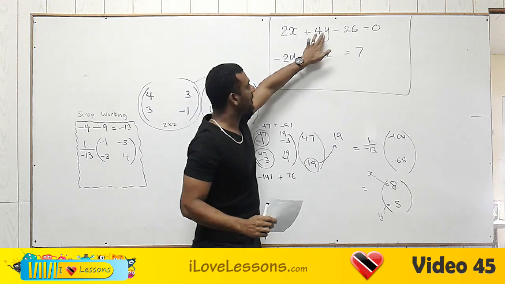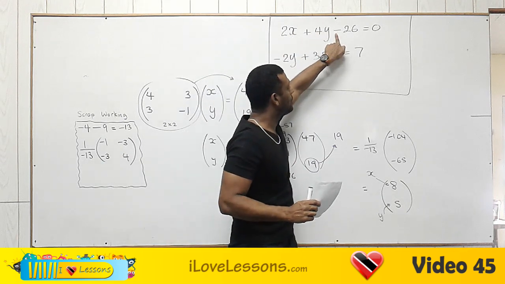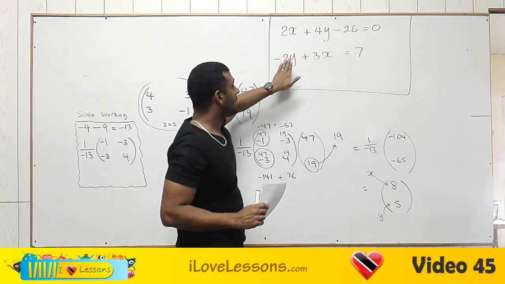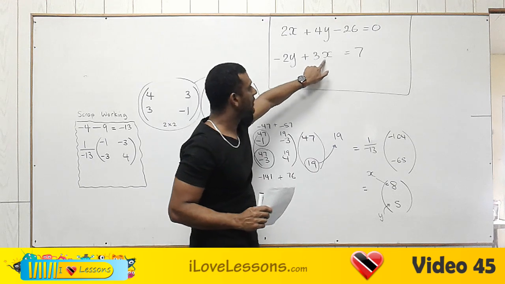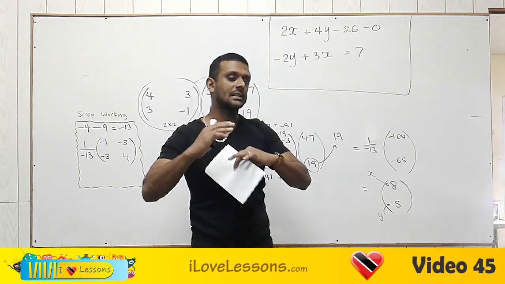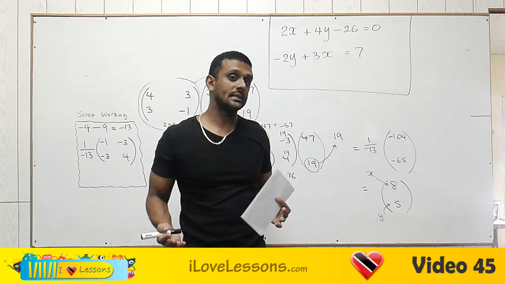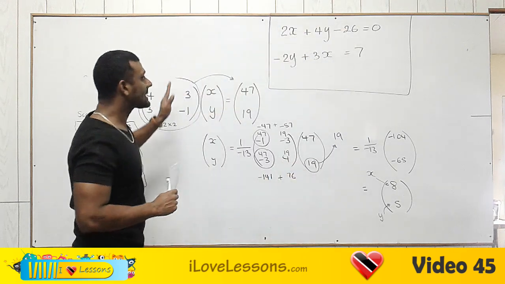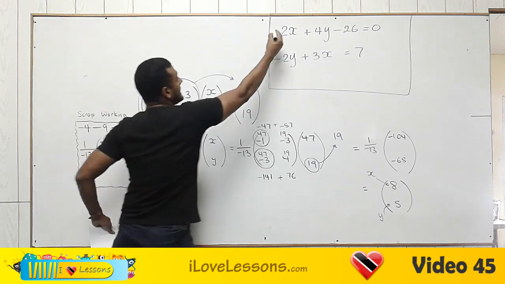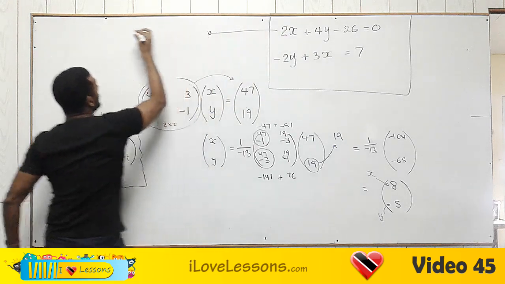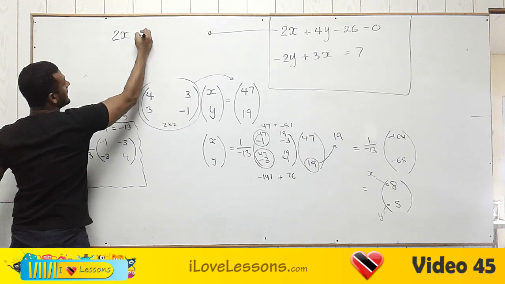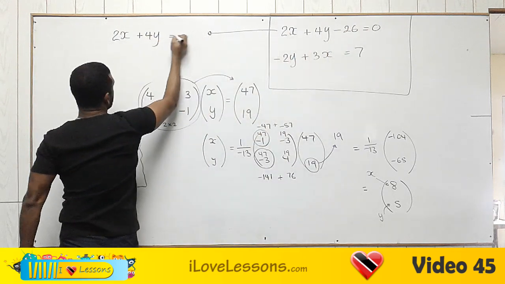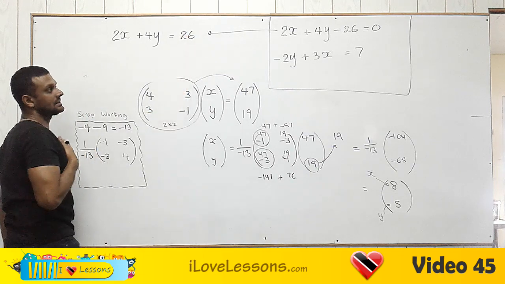The x comes before the y, but the number without the letter is supposed to be on the other side. And underneath, the y comes before the x. So before we actually try to solve it using matrices, I think I'll need to rearrange this so the x comes before the y. So this equation will change to, we have to rearrange it so that the number is on the other side, throw across the minus 26, you will get positive 26.